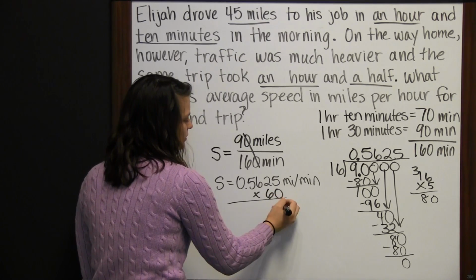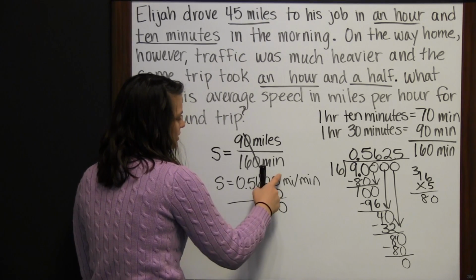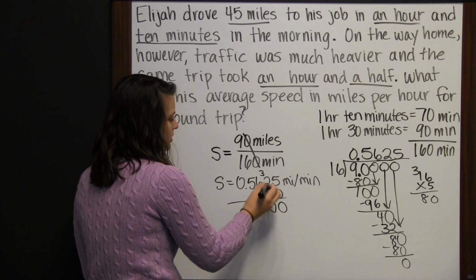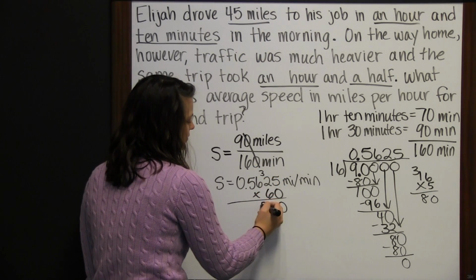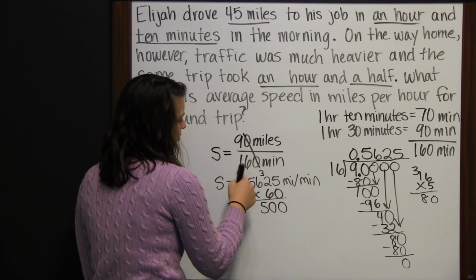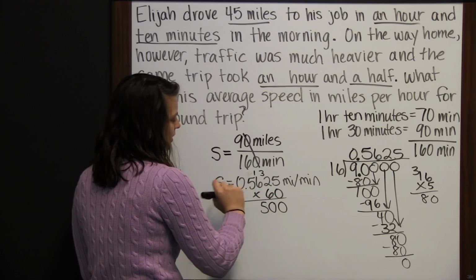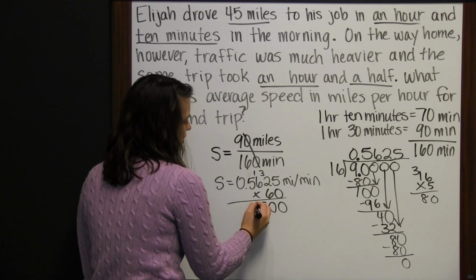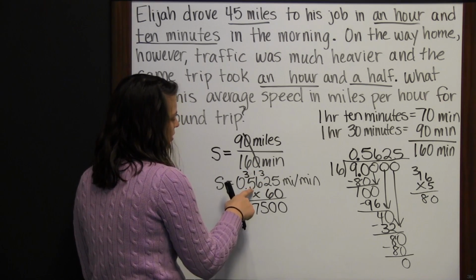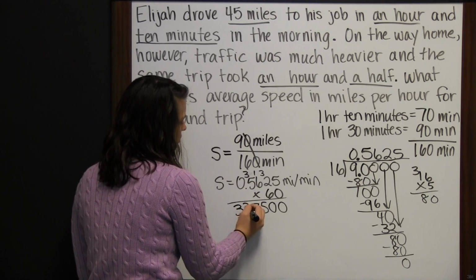So first start with your 0 placeholder. 6 times 5 is 30, so that's 0, carry the 3. 6 times 2 is 12, plus 3 is 15. 6 times 6 is 36, plus 1 is 7, carry the 3. 6 times 5 is 30, plus 3 is 33.